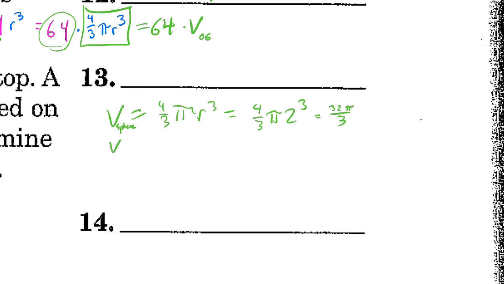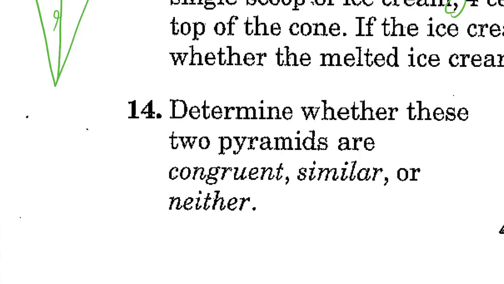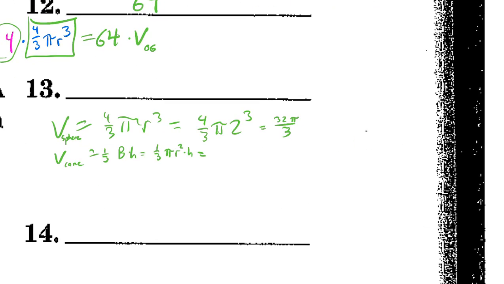And the volume of the cone is 1/3 base times height, or 1/3 pi r squared h. So what's the h, is it 7, I think? No, 9. And so it's 1/3 pi 2 squared times height, 9. You can already tell the difference. But anyways, let's go. So it's 4 times that, it's 12 pi over 3.